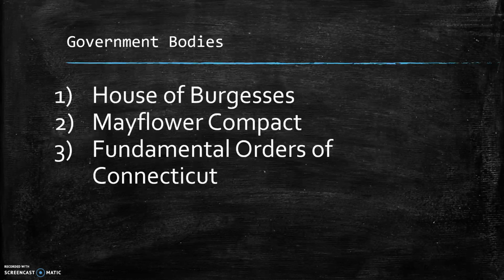Number two is the Mayflower Compact, a declaration which gave the colonists the power to form their own government in America. Number three is the Fundamental Orders of Connecticut, the first written constitution in America. So make sure you know all of them.